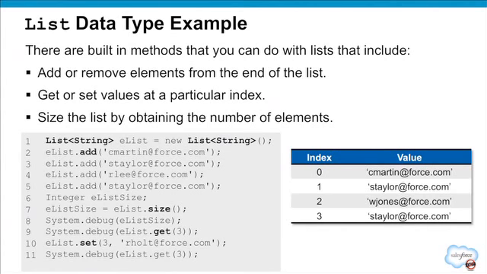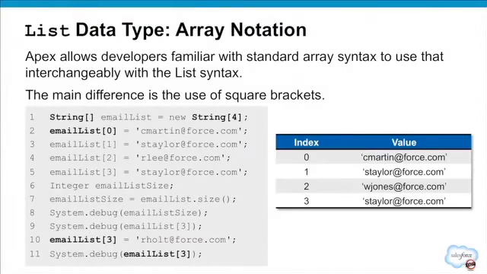There's a bunch of different methods that we can use to work with our list. I'll show you a list of all these methods. We can add, we can check the size, we can get and set values at certain locations. There are no arrays in Apex, but you can use array syntax to work with lists.